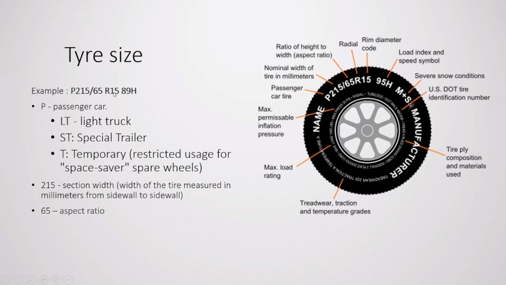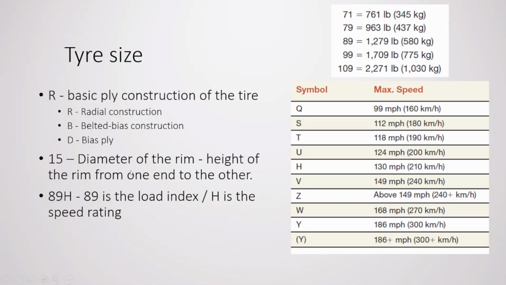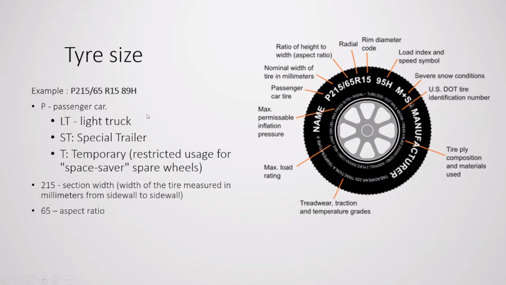And then you can see another numerical value. Here it is 15. 15 is the rim diameter in inches. Here we have the rim with 15 inches of diameter, and we have 12, 13, 14, 16, 17, because we can purchase tires with different diameters, different inches.